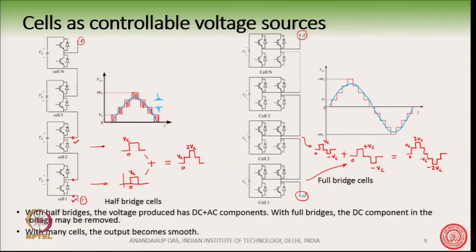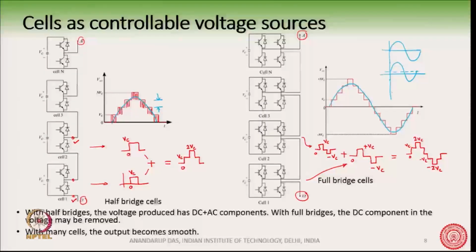The full bridge can produce a DC. It is not that the full bridge cannot produce a DC, it can produce a DC, but that DC magnitude can also be 0. So, the full bridge variety can produce a voltage waveform which is like this, but it can also produce a voltage waveform which is like this, with a DC value which can be positive or negative also.